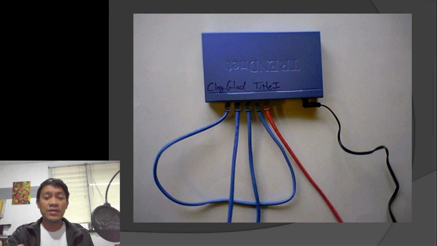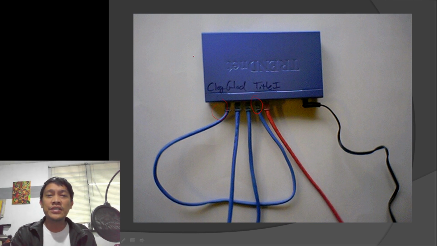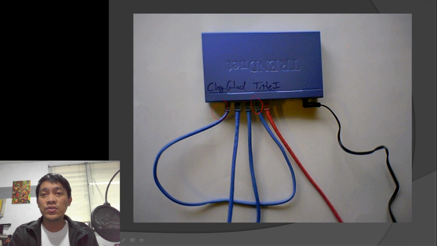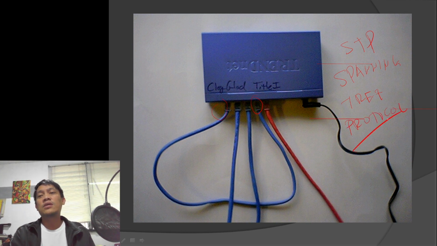Okay, ito siya. So this is your Ethernet loop. Okay, so but on modern switches, na-avoid naman siya. Just always remember that if you're going to buy switches, it should have the STP or the spanning tree protocol. Okay?